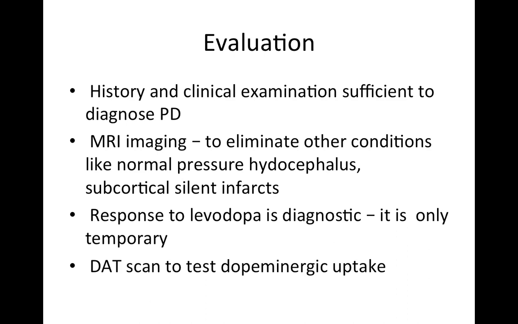Because normal pressure hydrocephalus also occurs in elderly people, that also presents with the gait disturbances, cognitive deficiency, and urinary incontinence. This condition has to be excluded to confirm the diagnosis of Parkinson disease. That is the reason why we go for MRI.